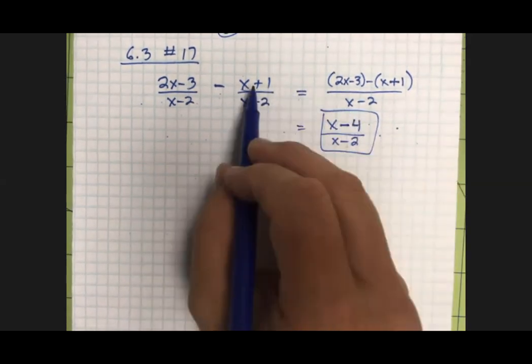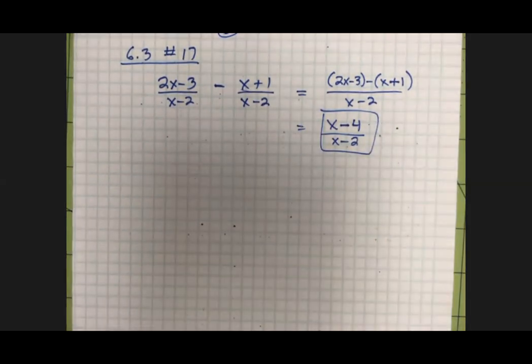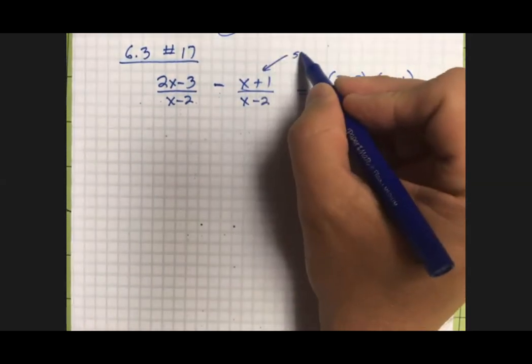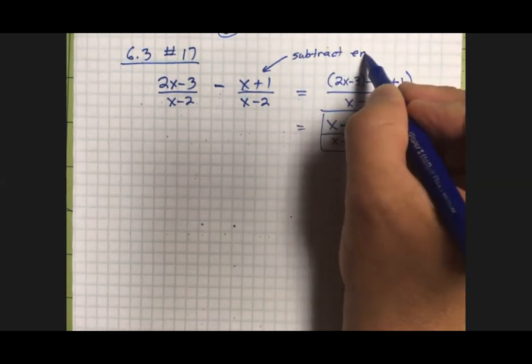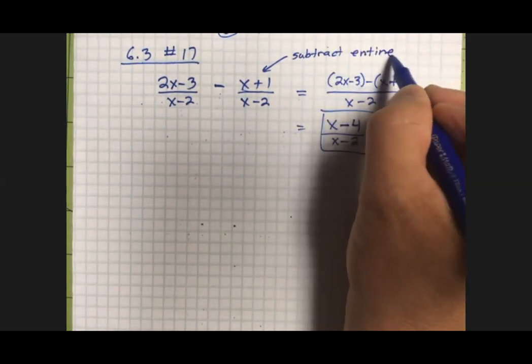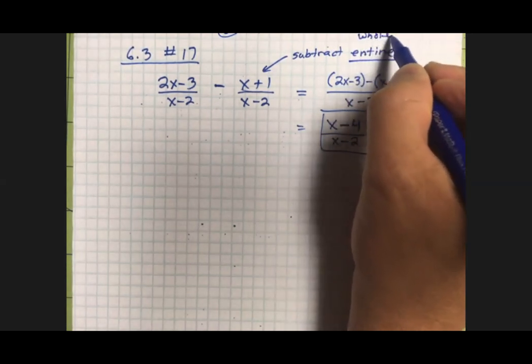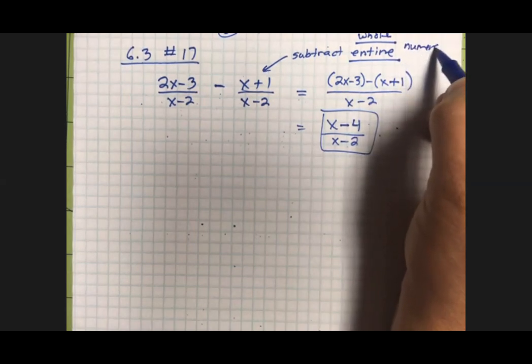He wanted you to say x minus 2 on the top instead of x minus 4 and accidentally cancel. So remember to subtract the whole numerator when you do a subtraction.